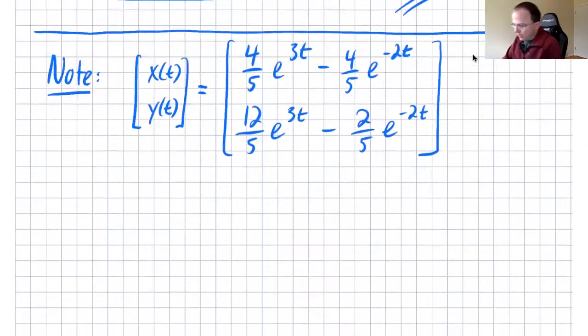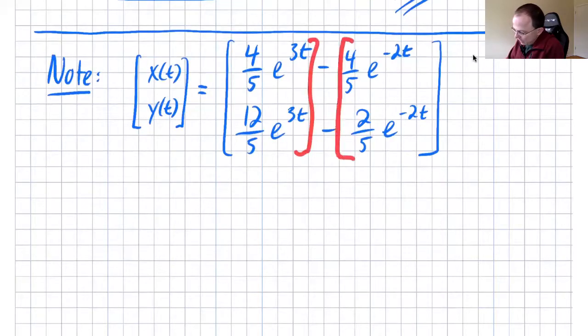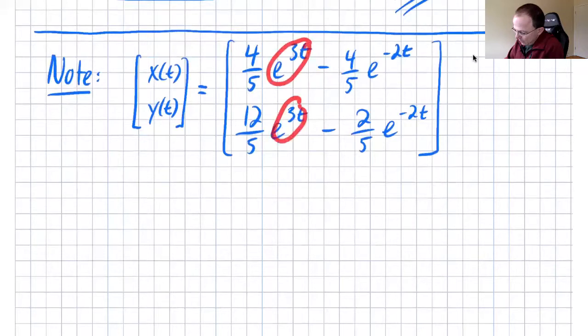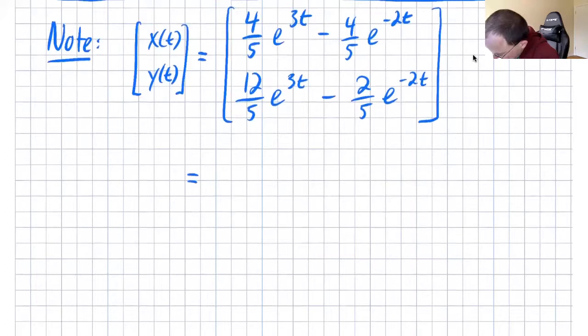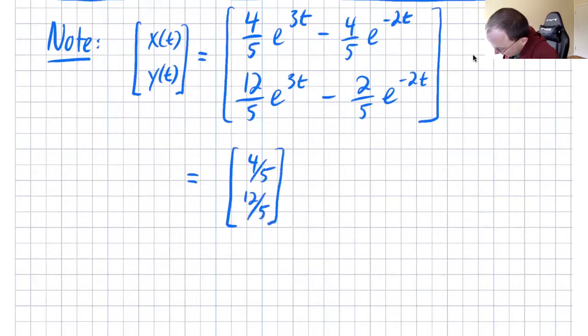The way vectors work is I can split this into two vectors like that. And because I have the same thing on both sides, I can factor it out. So I'll end up getting 4 over 5, 12 over 5 times e to the 3t.